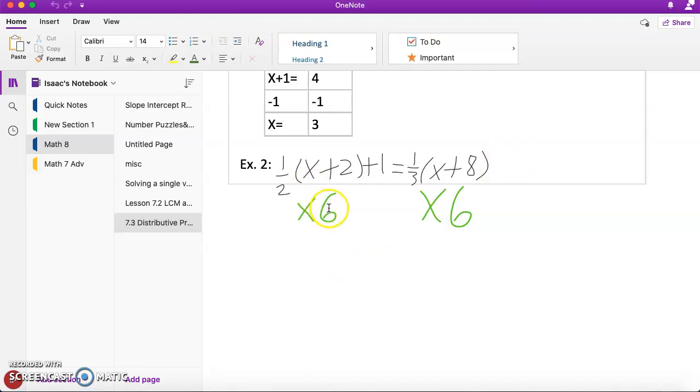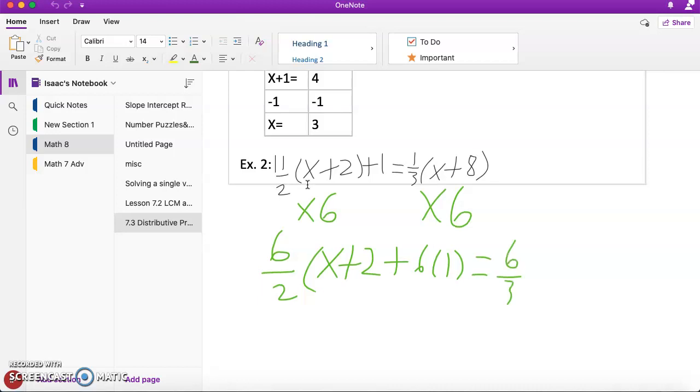So, since I'm multiplying this by 6, that turns into 6/2 times the quantity of x plus 2, plus 6 times 1, is equal to 6/3 times the quantity of x plus 8. Now I'm ready to simplify these terms.